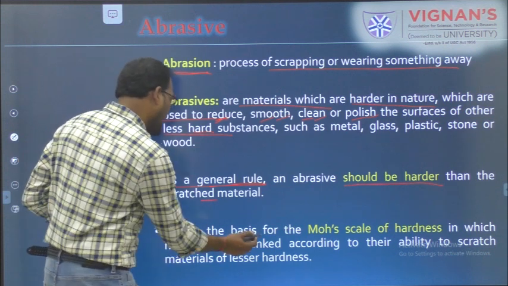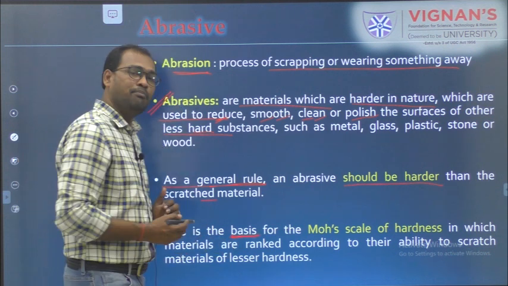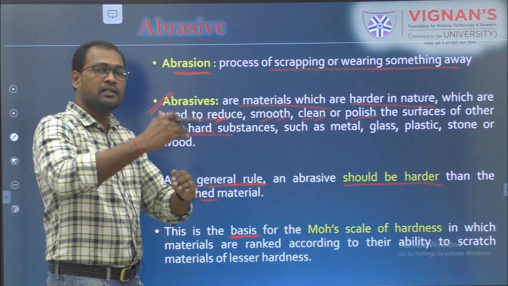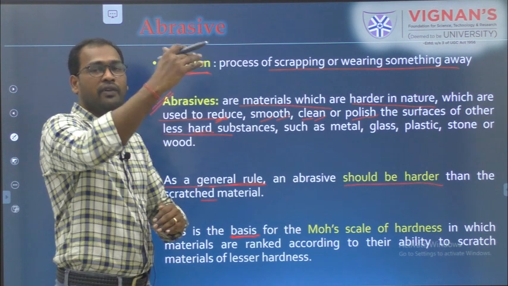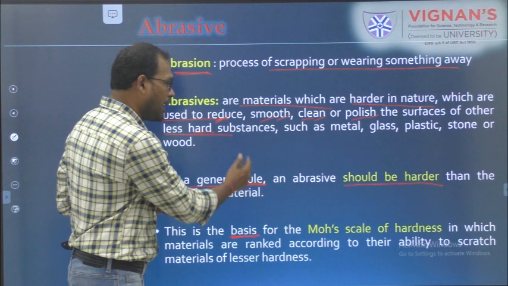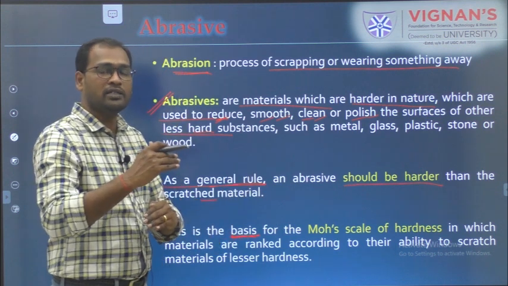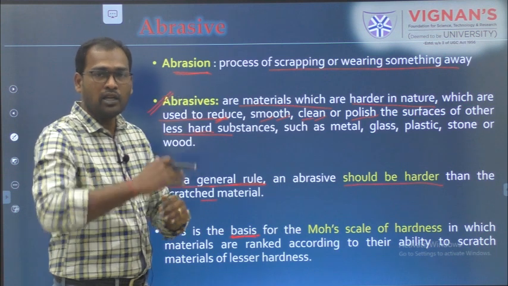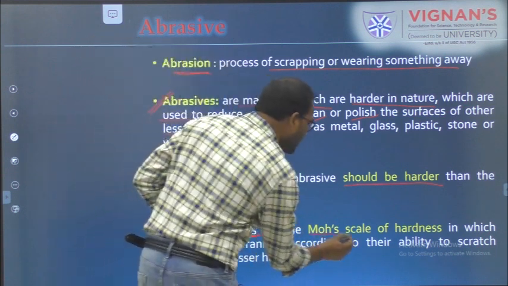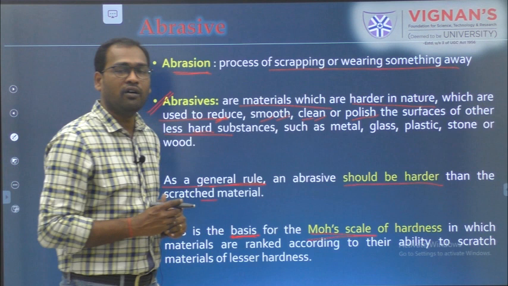So, this hardness becomes the basis to categorize different abrasives in an order, and that order we call the Mohs scale of hardness.